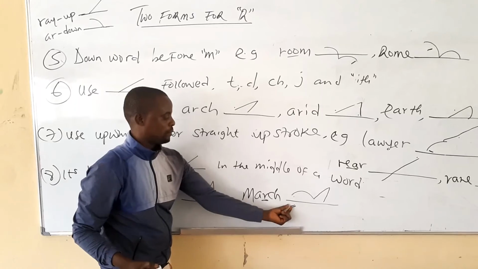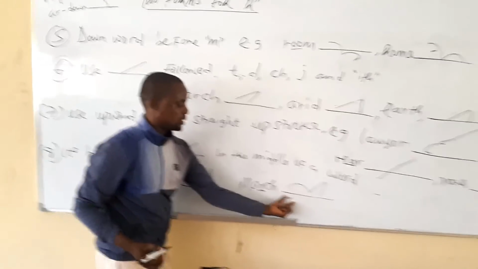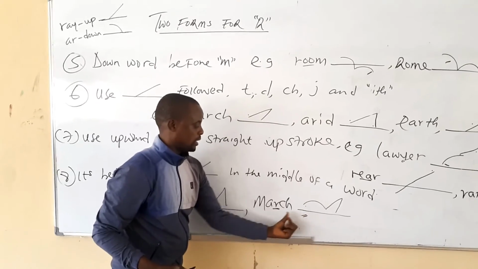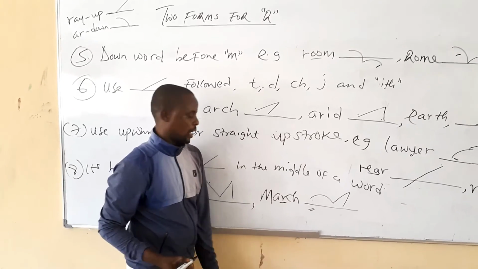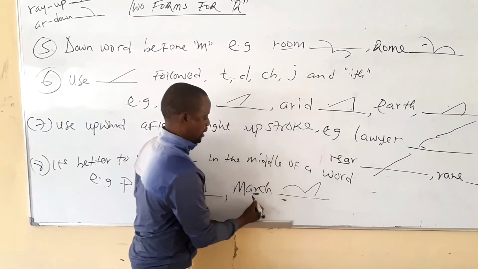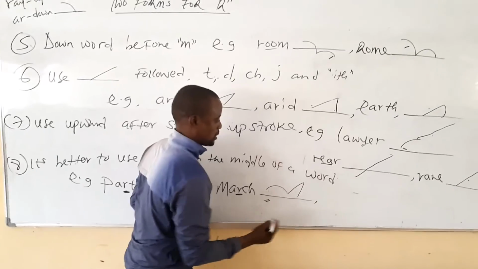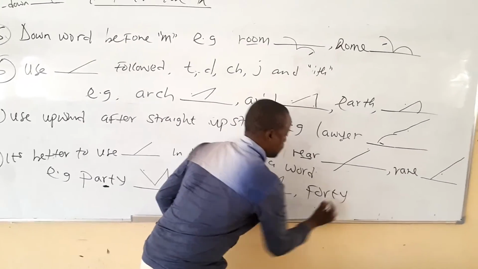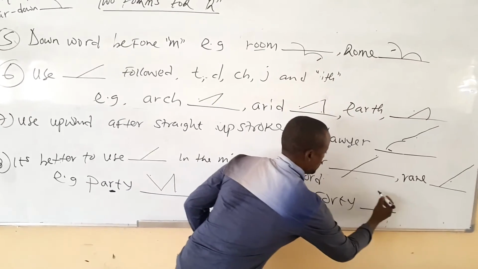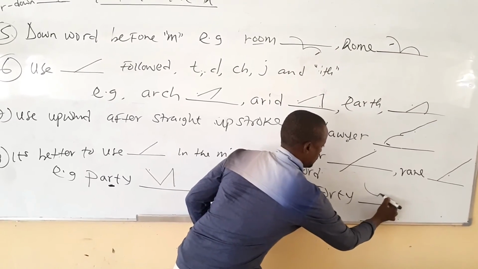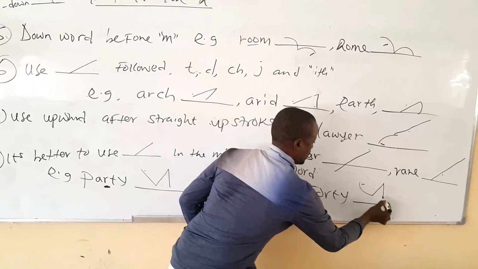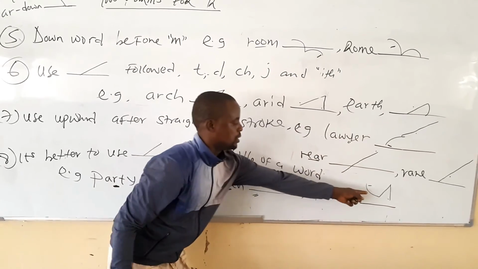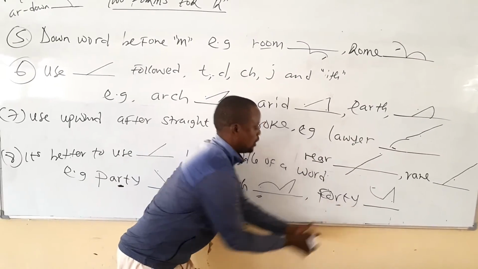In shorthand, when you have two lines underneath, this means that the word starts with a capital letter. March. Now we can see the R in the middle of a word. Let us give another example, we say Adam. This is A. Then use downward R, this is short R. That is why you see it in the second place. Now you can see R in the middle of a word.